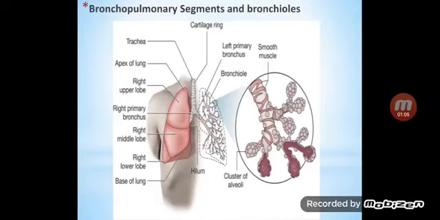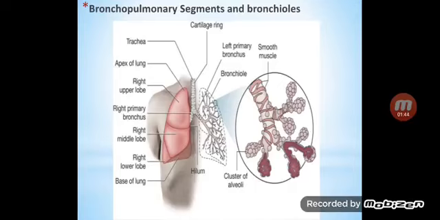You remember in the last lecture when I said that the trachea, when it ends, it will be divided into the right primary or main bronchus and the left main bronchus. On the right side, the right bronchus will be divided, just before it enters the hilum of the lung, into the superior lobar bronchus or arterial bronchus, and when it enters the root of the lung, it will be divided into the middle and inferior lobar bronchi.